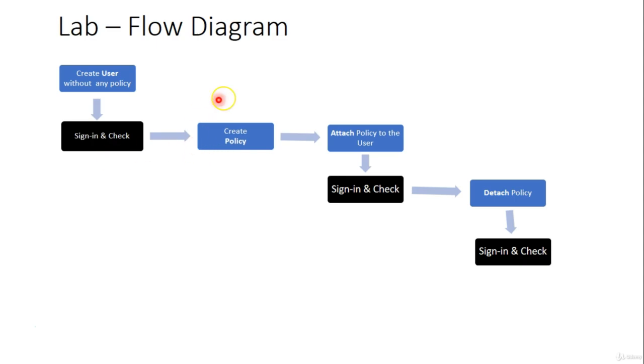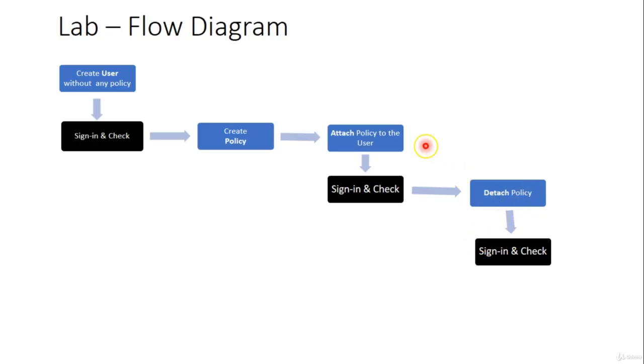Then we will create a policy and we will attach that policy to the user that we have created in the first step. Then again we will sign in and check whether the policy is working as per our expectations. And then finally we will detach the policy and sign in again and check.